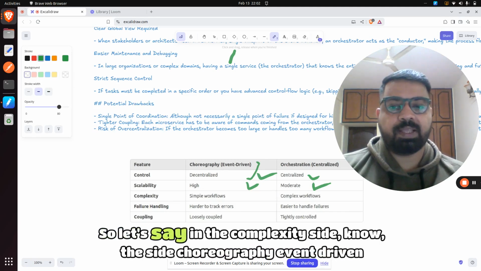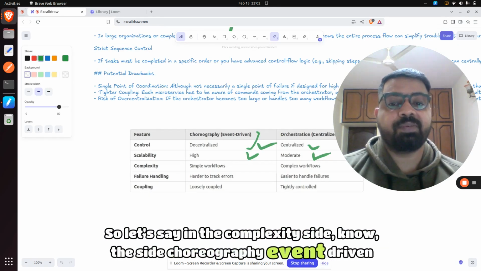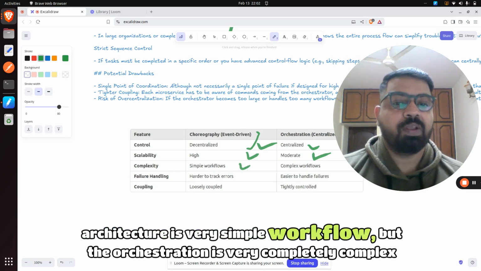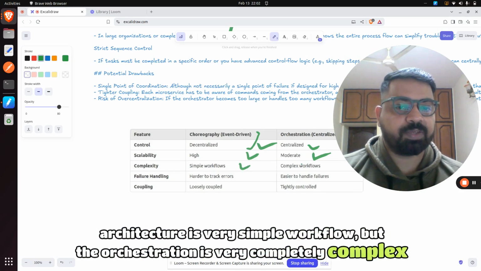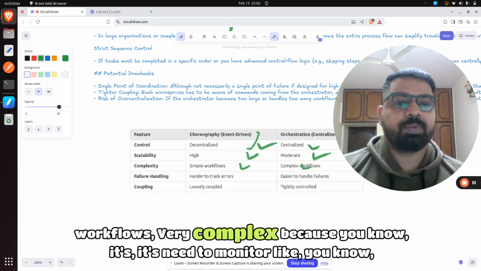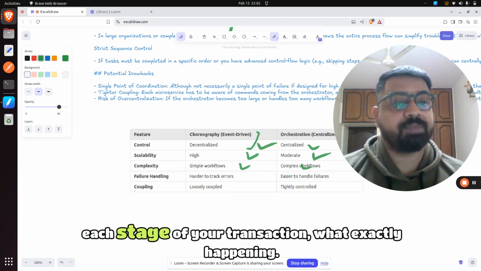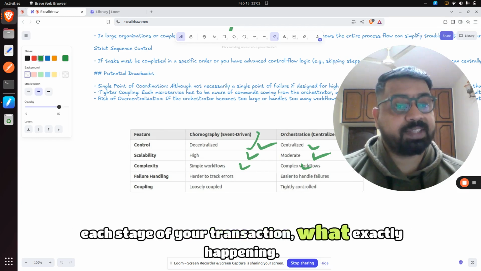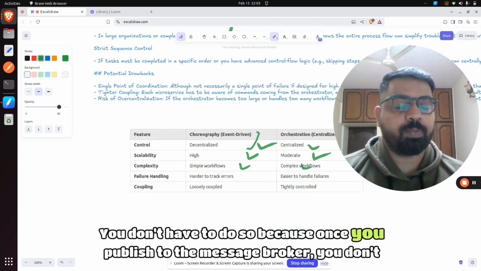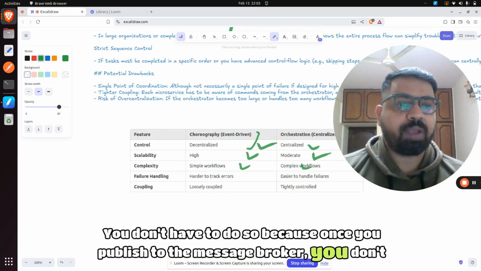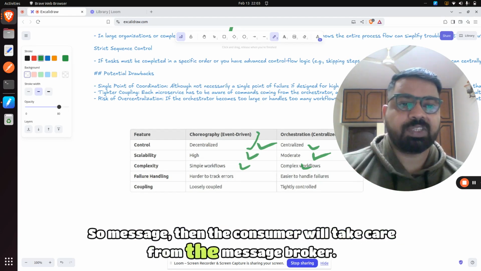So on the complexity side, choreography event-driven architecture is a very simple workflow, but orchestration is a completely complex workflow, right? Very complex because it needs to monitor each step of your transaction, what exactly is happening. Here you don't have to do so, because once you publish to the message broker, the consumer will take care of it from the message broker, right?